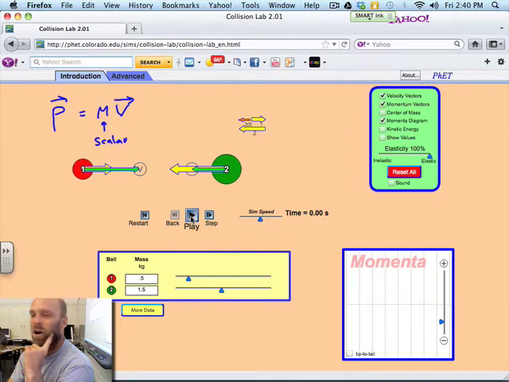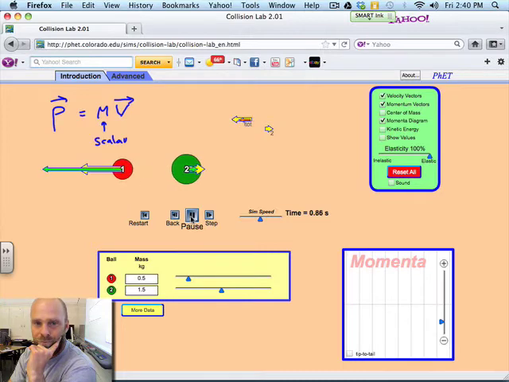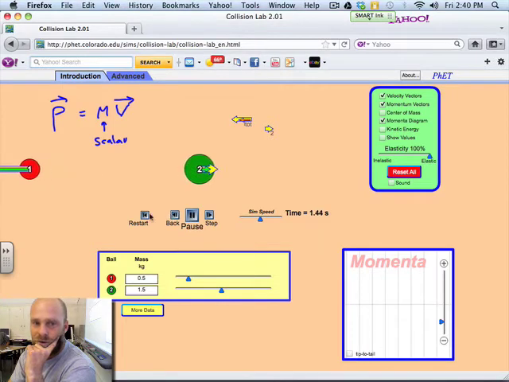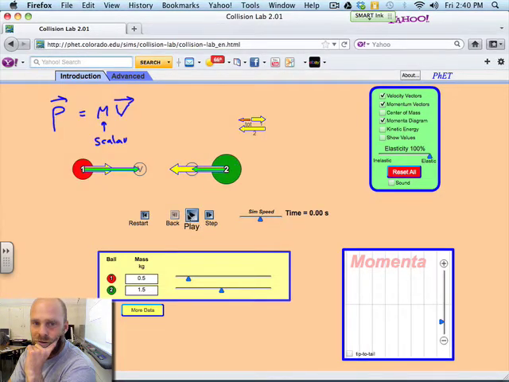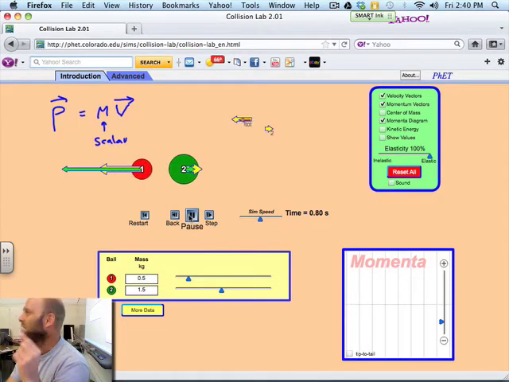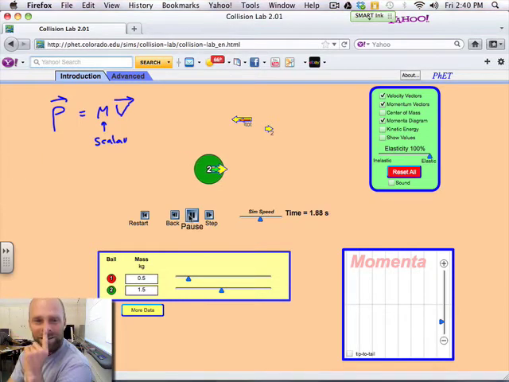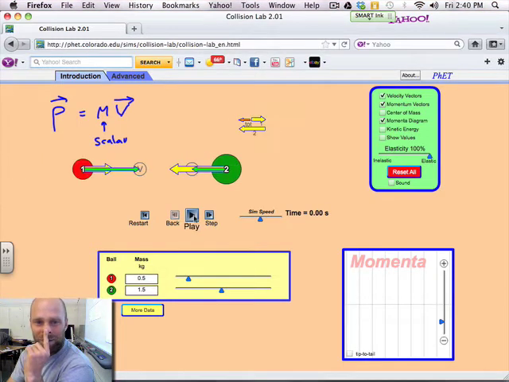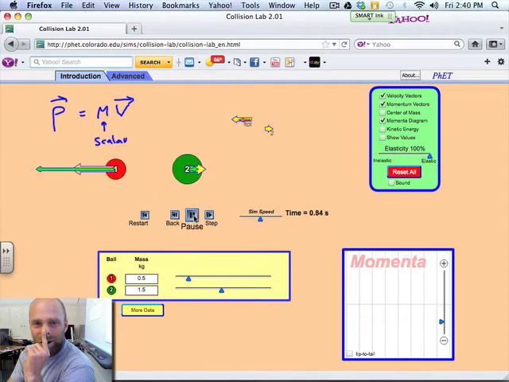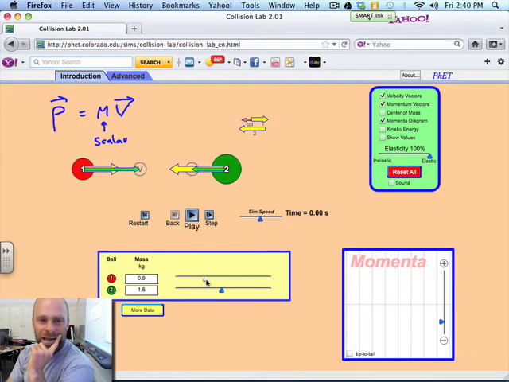Go. Did you see it? Did anything happen to the red vector? Okay, look carefully. Oh, maybe I just didn't make the mass big enough.